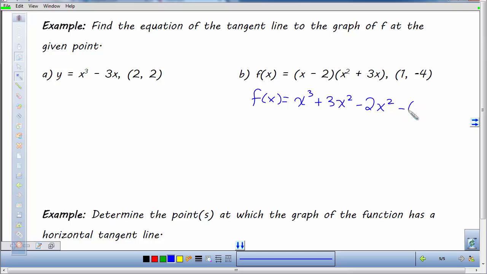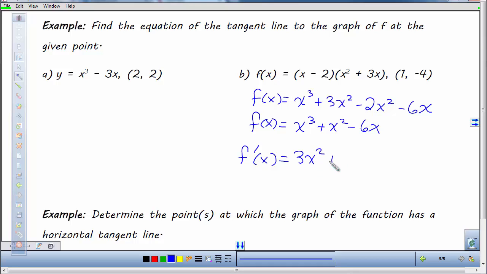Last is minus 6x, right? Okay. All right, so we get x cubed plus x squared minus 6x. Okay, that's still f of x. Now I'm ready to take the derivative. Okay, and so the derivative is what? 3x squared plus 2x minus 6.